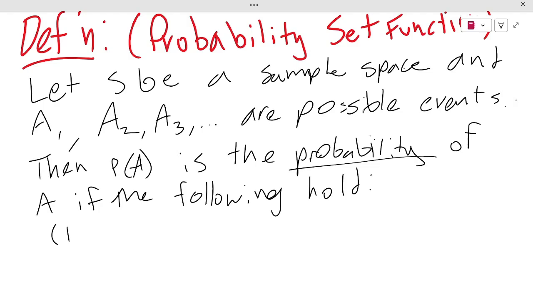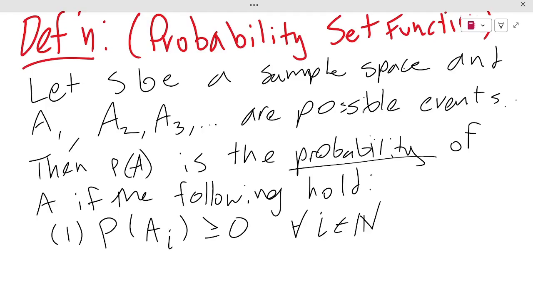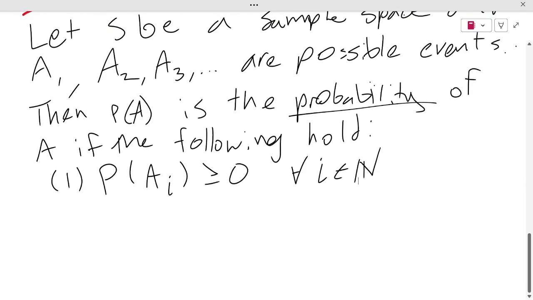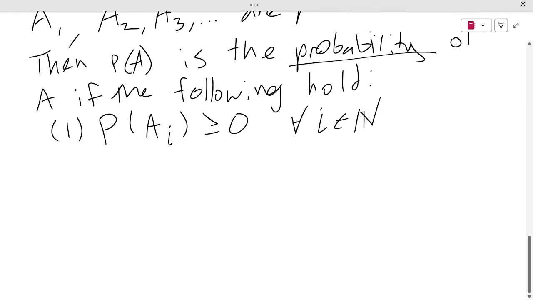Okay, 1. First condition. The probability for some event is always greater than or equal to 0. Just means it's non-negative, right? And this is for all indices, so all i in the natural numbers. Okay, that's important. We don't want to have a negative probability.